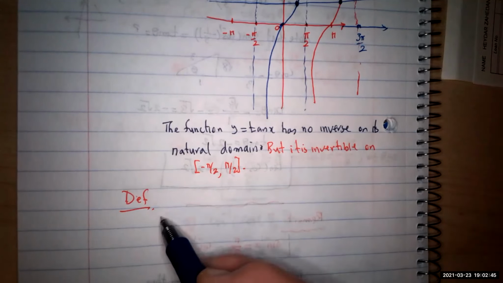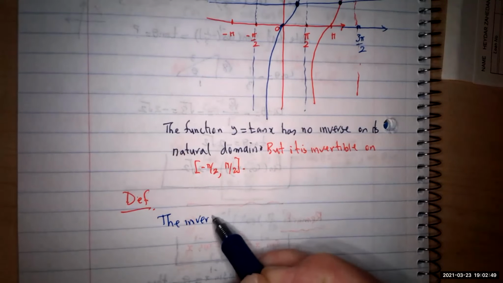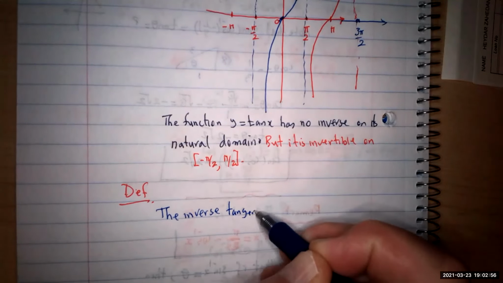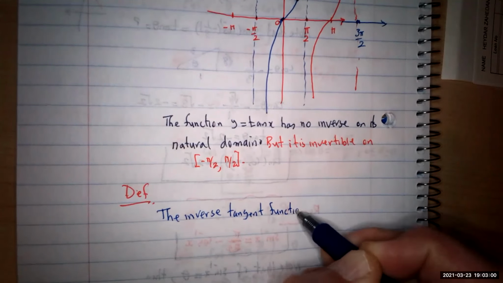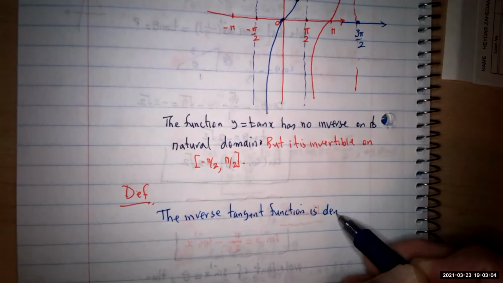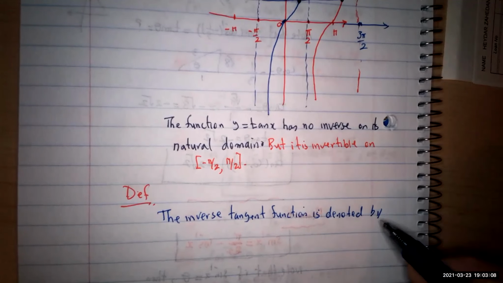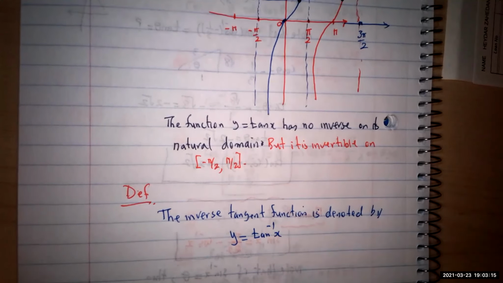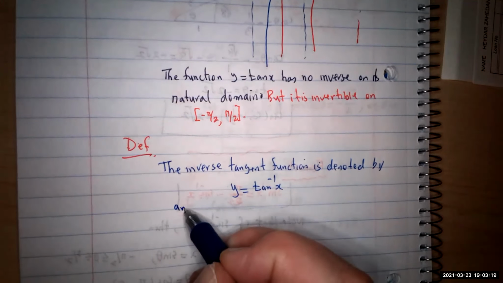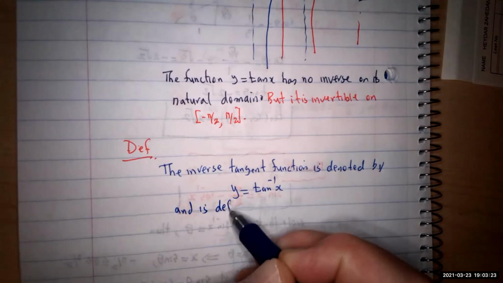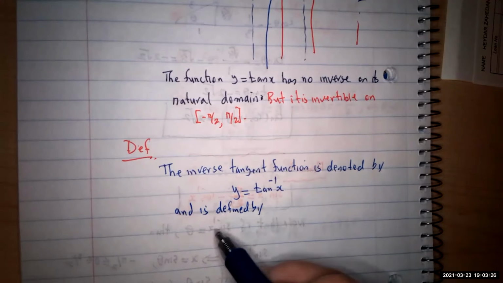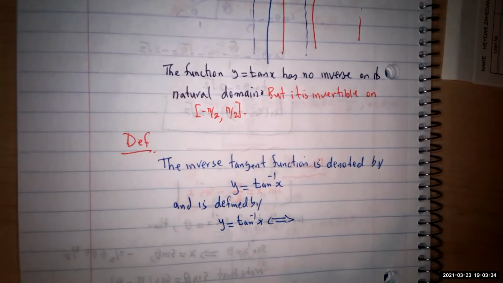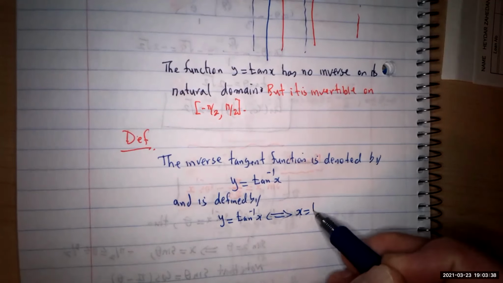The inverse tangent function is going to be denoted by the notation y equal to tan inverse of x, and as usual it's defined by: y equals tan inverse of x if and only if you switch it, x is equal to tan of y.